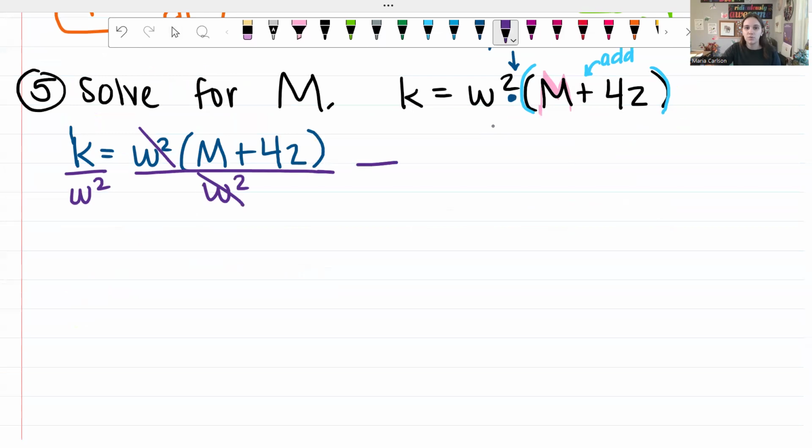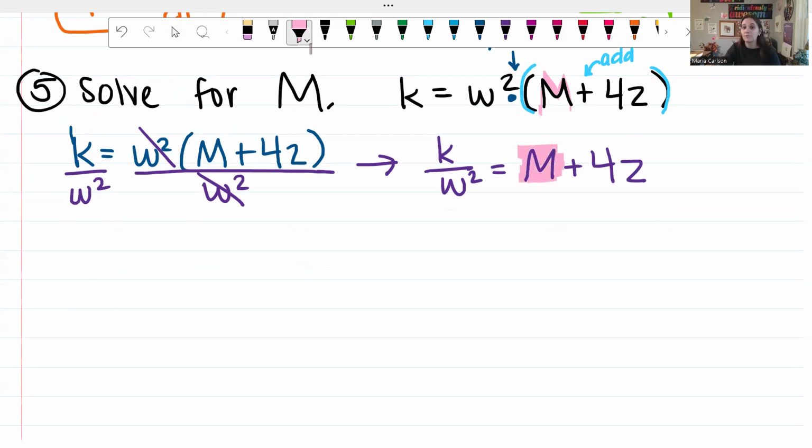And we'll just have K over W squared is equal to this set of parentheses, which are no longer needed. It's capital M plus 4 times Z. Now, to get this M completely by itself, I have to undo this addition, which means I will then subtract 4Z from both sides.